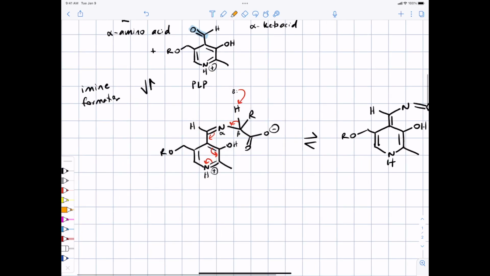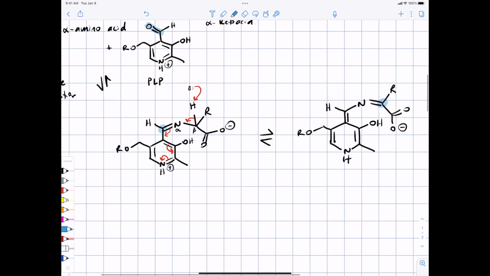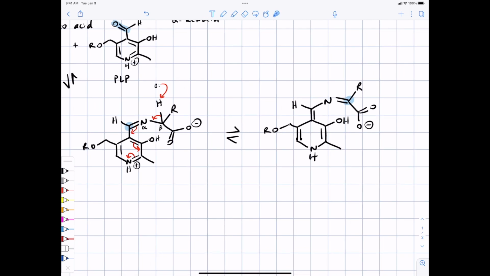Do you see that? This carbon, oops, we were using, I think, blue. This carbon used to be the aldehyde carbon, all right? Now it's that one. So just by a proton transfer reaction, we've traded bonds. Carbon-nitrogen single bond, difficult to break. Carbon-nitrogen double bond, not a problem.